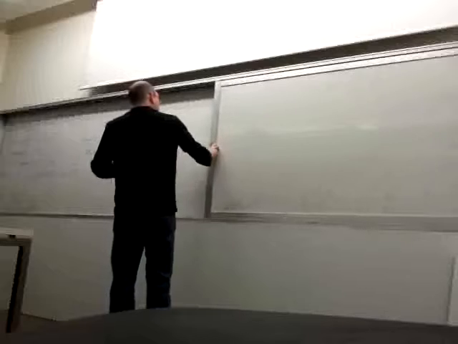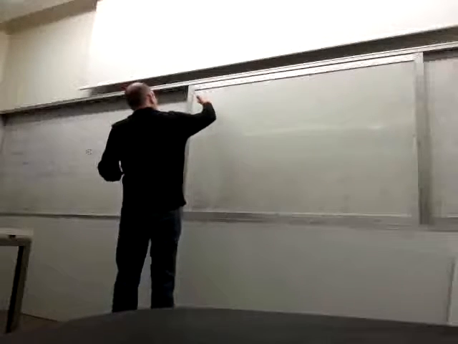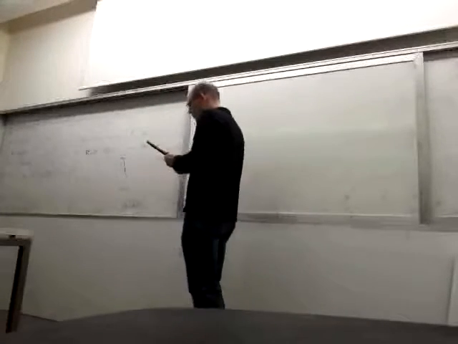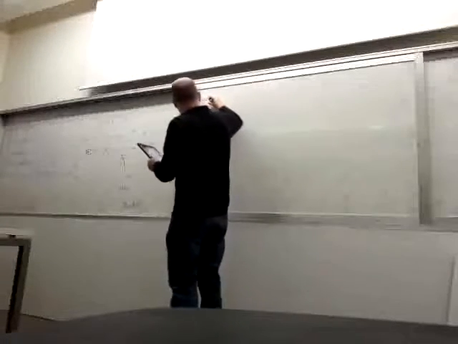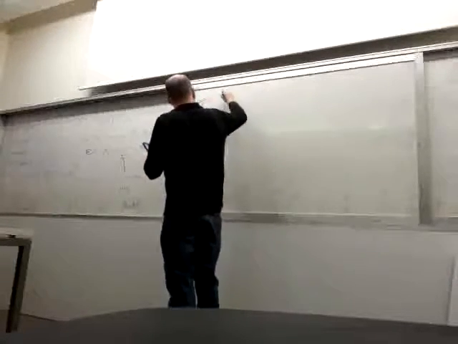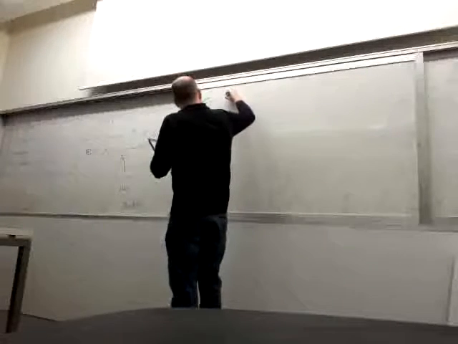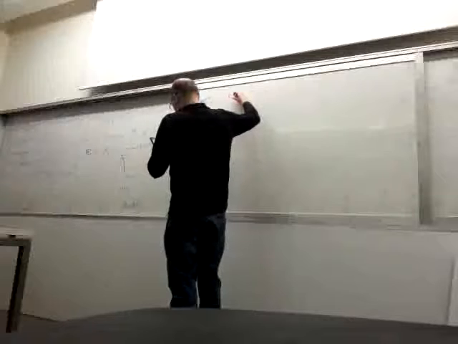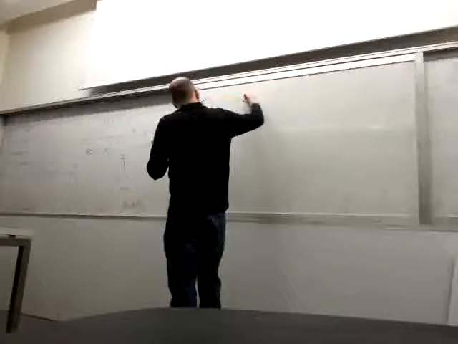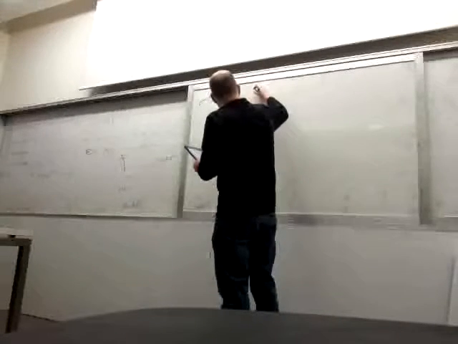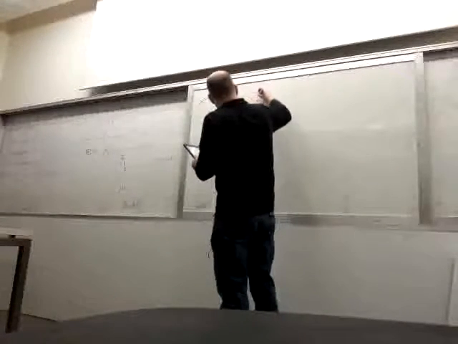Let me write sigma squared, the variance of this distribution. I can write it as follows: I take the response, I subtract the mean response.